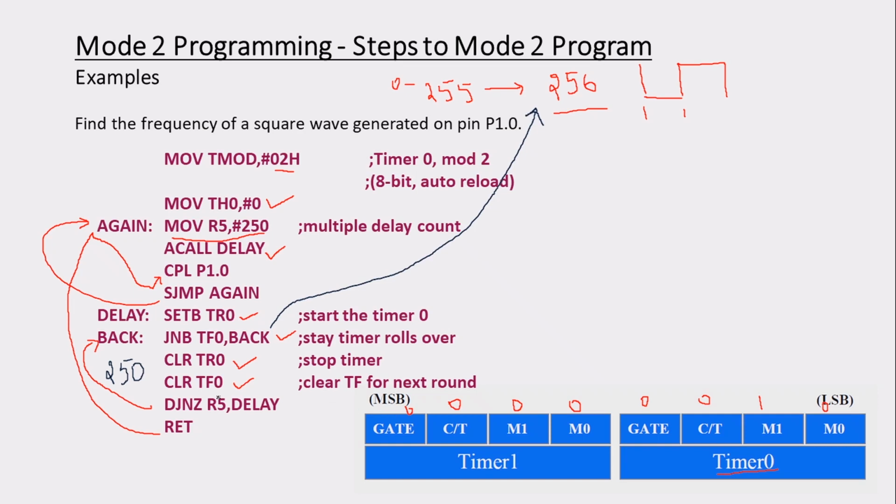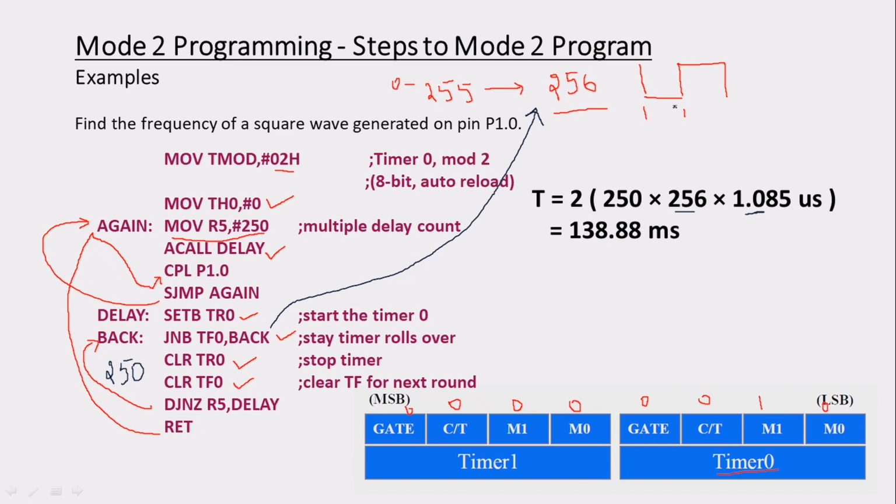If you want to calculate the time delay generated by this program, 250 represents the loop, 256 represents the count value which is getting incremented, and 1.085 is the clock period fed to this particular timer.